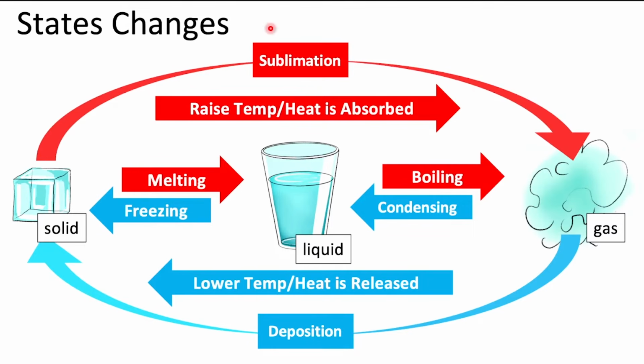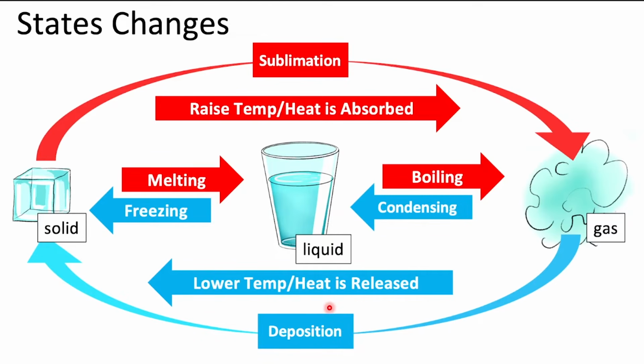We have sublimation up here and deposition down here. Again, notice the direction of heat flow. Red arrows mean that the temperature is going up and heat is being absorbed. Blue arrows mean the temperature is going down and heat is being released. Make sure you know all of these state changes by heart. The TEAS just loves to ask about them.